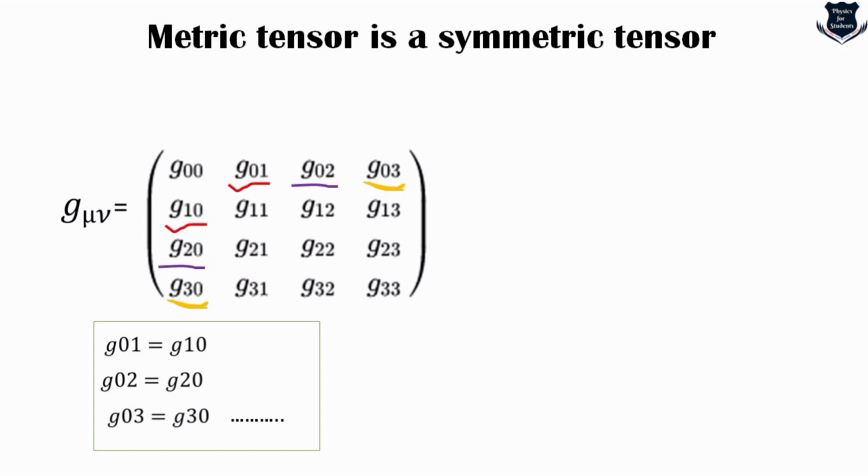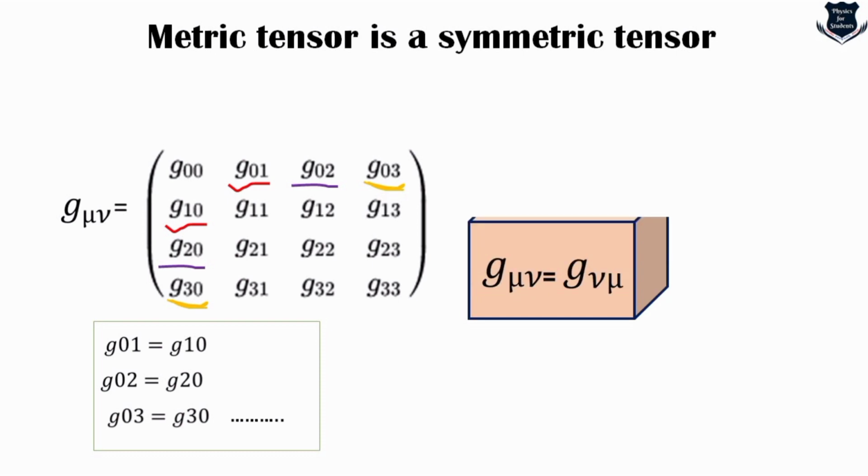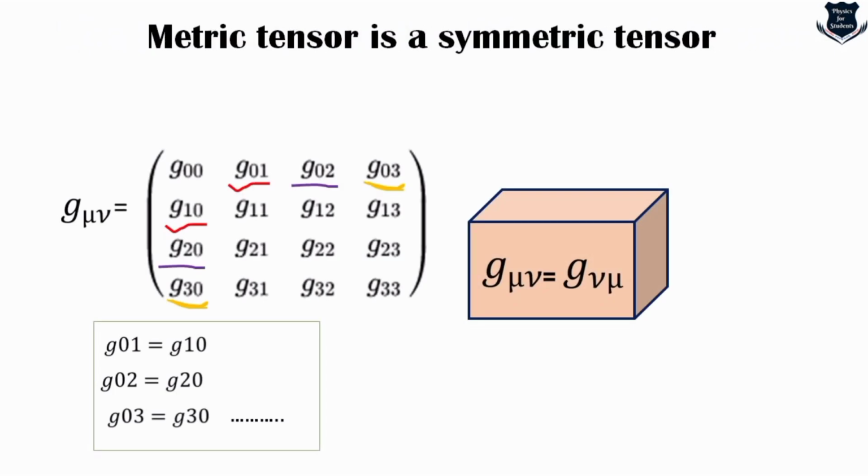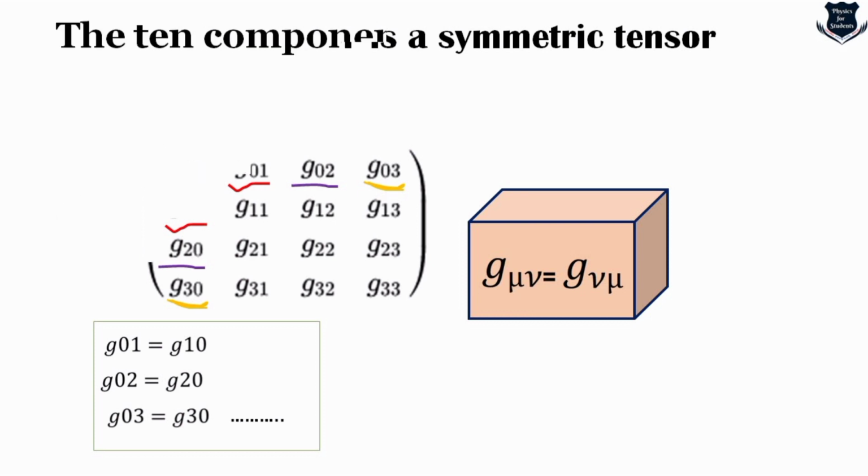So certain factors get cancelled out, and what we get is G mu nu equals G nu mu, which makes it a symmetric tensor. So the indices of G mu nu and G nu mu would be the same. That is why the metric tensor is a symmetric tensor.